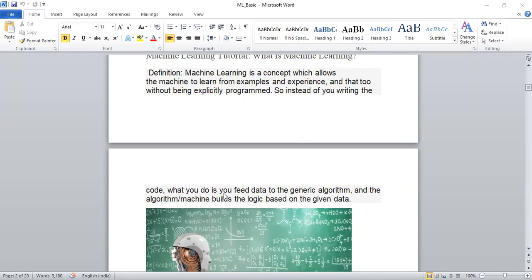So you can use one particular generic algorithm and build different models. Okay. Understood?